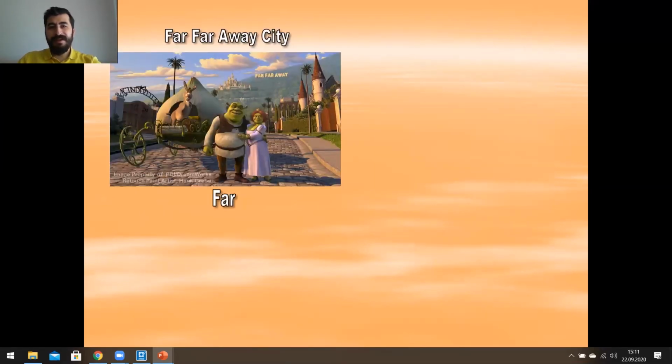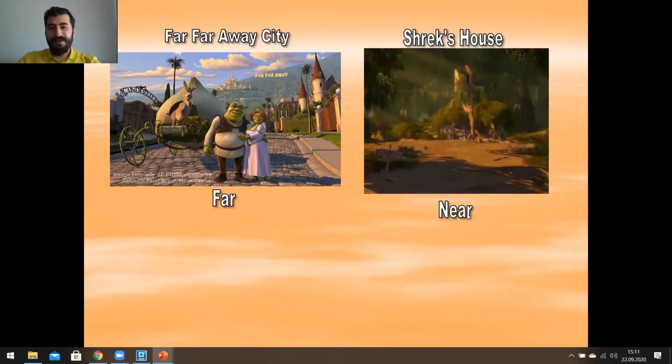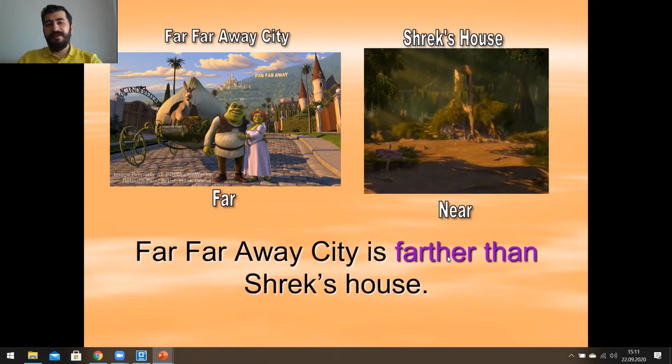Far, far away city. Remember Shrek. Shrek's house. Near. So, the far, far away city is farther than Shrek's house. Farther. Remember irregular adjectives.